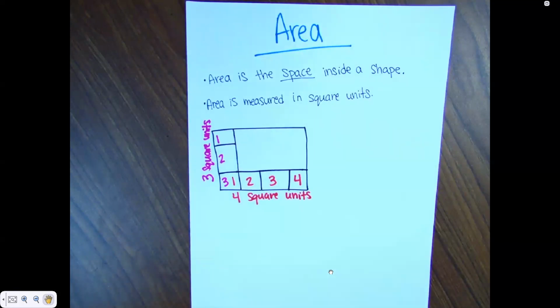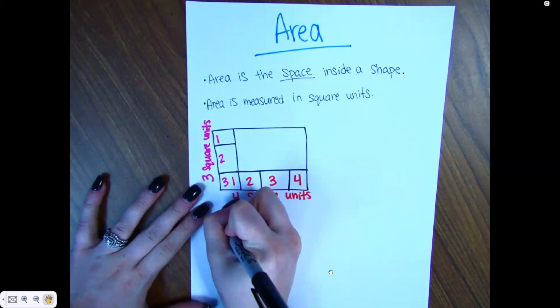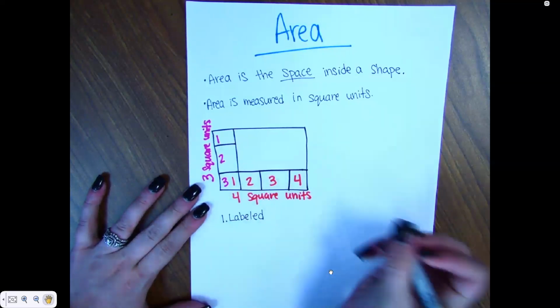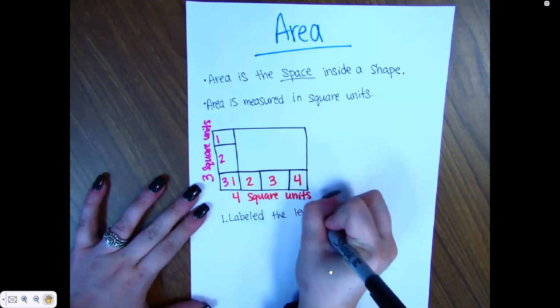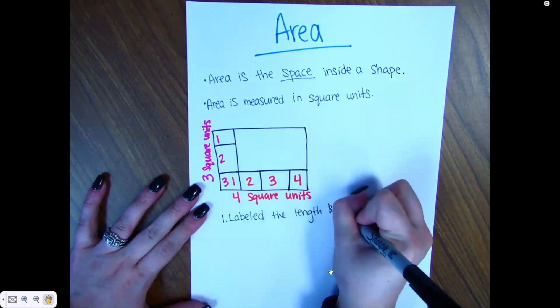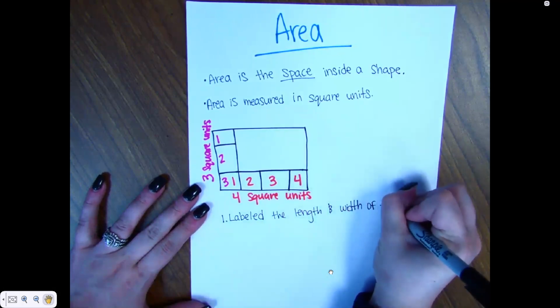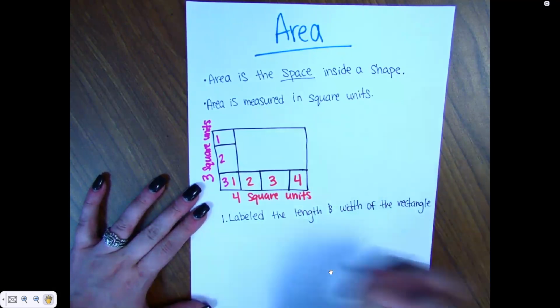So in order to get the area, the first thing we have to do is label the length and width of the rectangle. Okay, we did that.